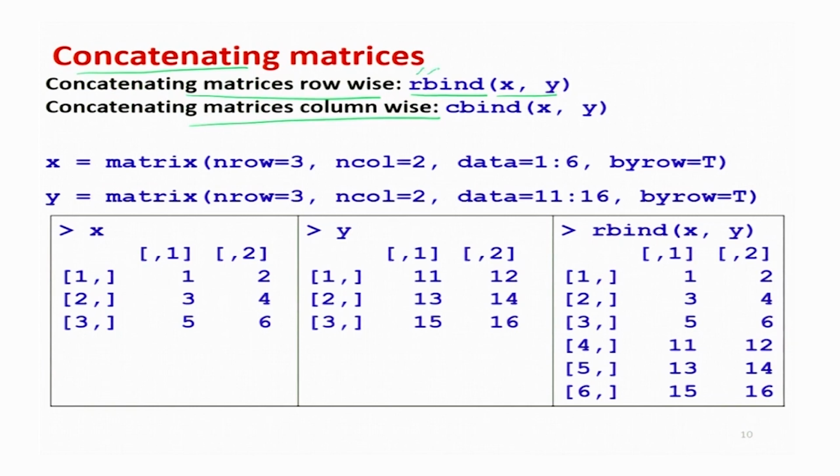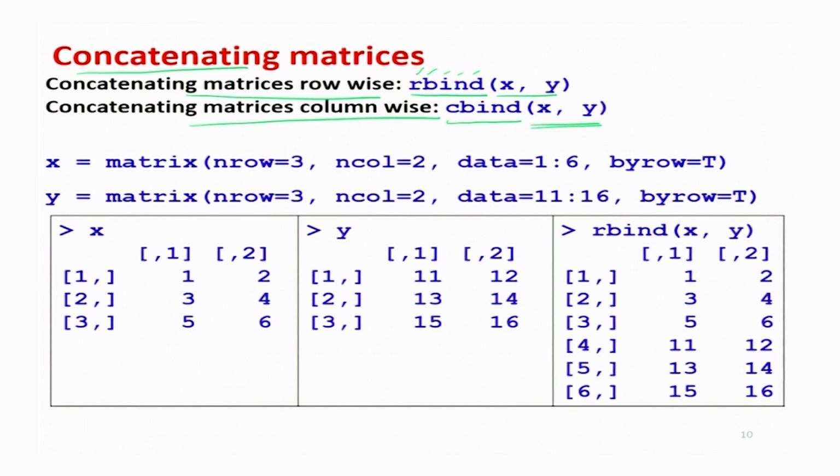This is r, b, i, n, d all in lowercase, and similarly if you want to concatenate the matrices column wise, then the command is cbind, c, b, i, n, d all in lowercase, and then inside the parenthesis you write down the matrices in the same order in which you want to join them.